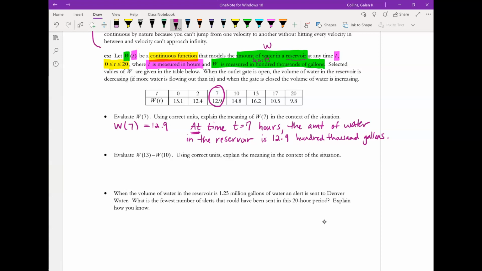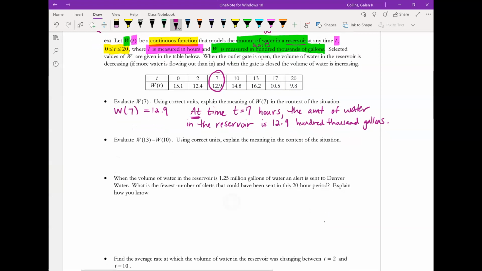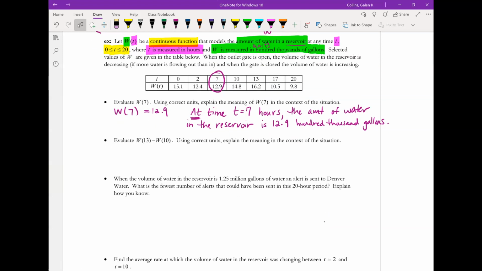So if you catch yourself writing after 7 hours, that really means from 7 to 20 in this context. So anytime we're talking about an instant in time, I would encourage you to use the word at. And I know this is not like a sentence that you would write in an English class. It feels very mechanical. That's fine for our purposes. We're not creatively writing right now.